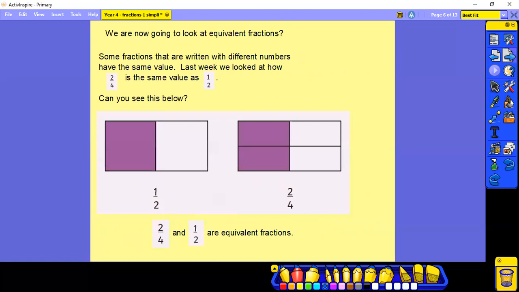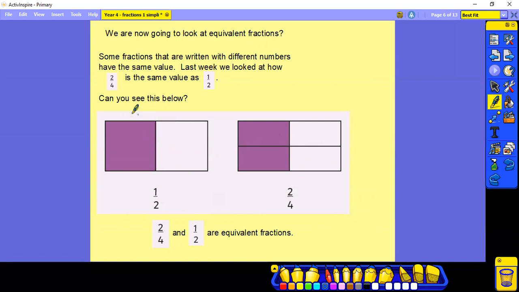So we're now going to look at equivalent fractions. Some fractions that are written with different numbers have the same value. And we had a little look at this last week. If you remember, we looked at 2/4 being the same value as 1/2. So can you see this below? Both of these shapes are exactly the same size. This one has been split into 2 and this one has been split into 4.